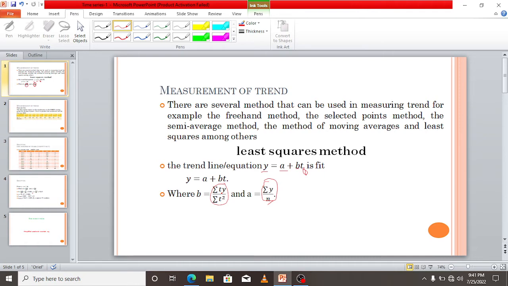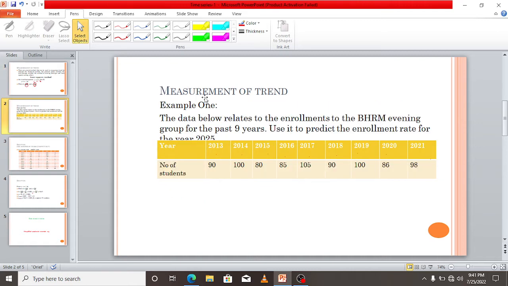Okay, so let's move, and we are going to look at this question, and I believe it's going to help us on how we can get to know how to calculate or how to measure trend using least squares method. Okay, so this is the question. That the data below relates to the enrollments to the BHRM.